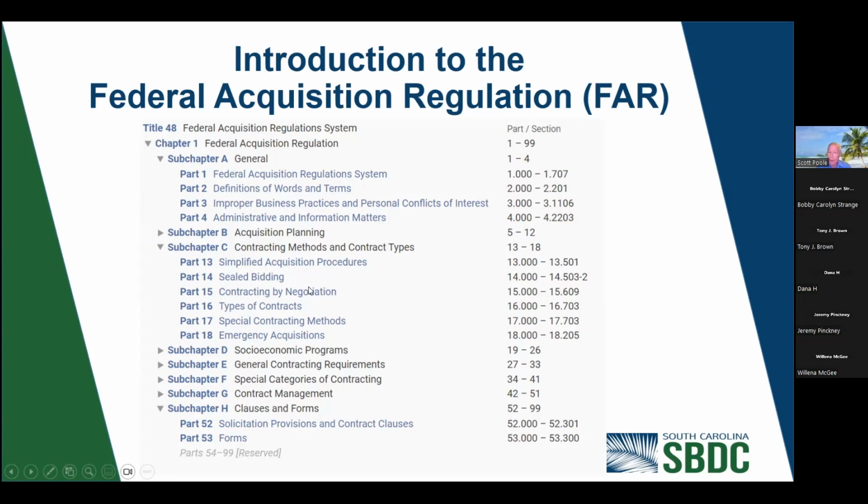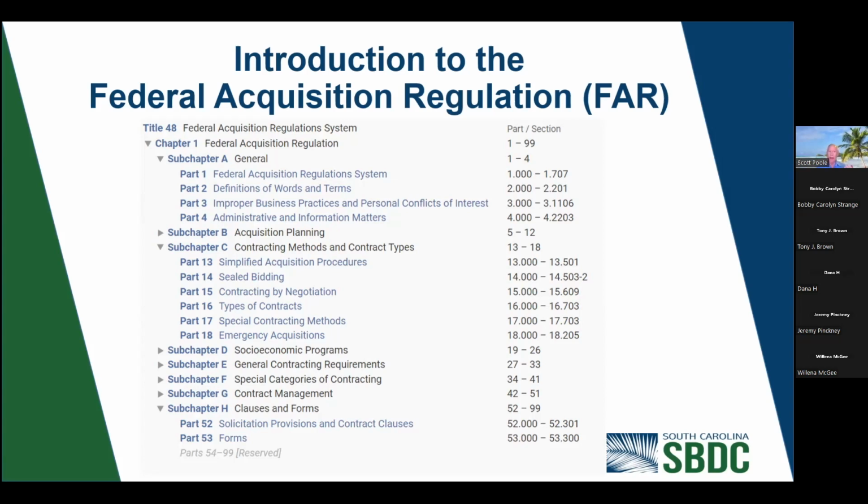You have sealed bidding, contract negotiation, the different types of contracts. It could be you're working with an IDIQ, indefinite delivery, indefinite quantity. Within that one, you have that contract vehicle, which allows you to bid on other contracts.